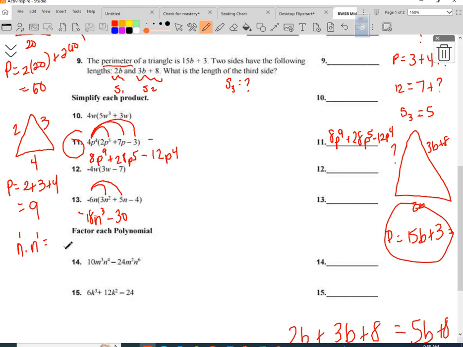N to the second, thank you. Negative 6n times negative 4, use your calculator. 6 negative button times 4 negative button, you'll see that is a positive 24. N, there's nothing to multiply with, so we just include our n in our answer.